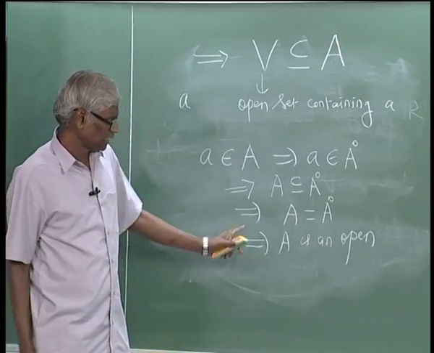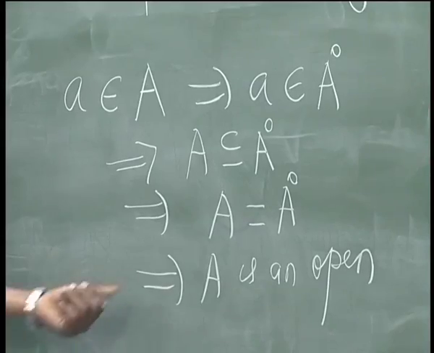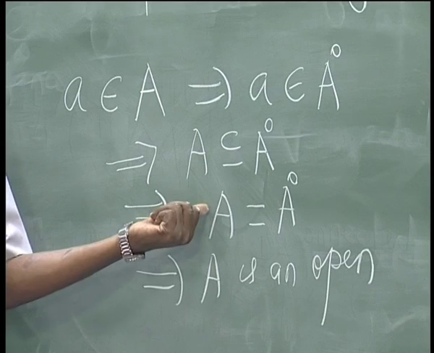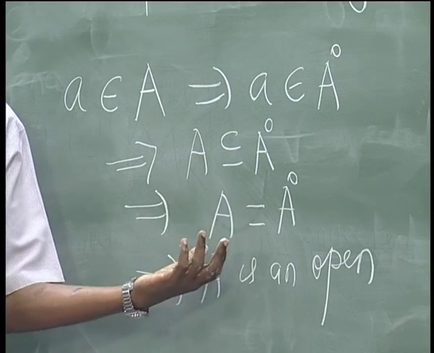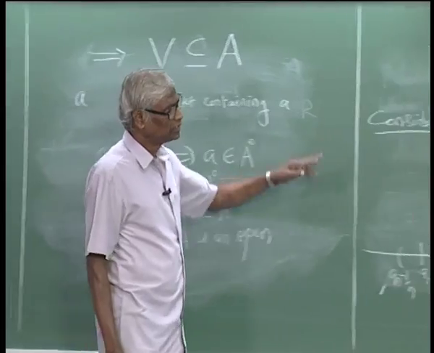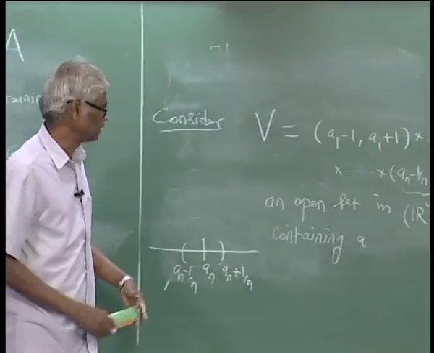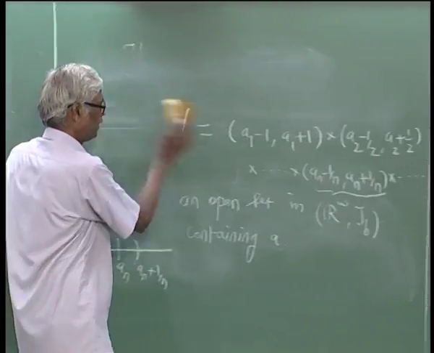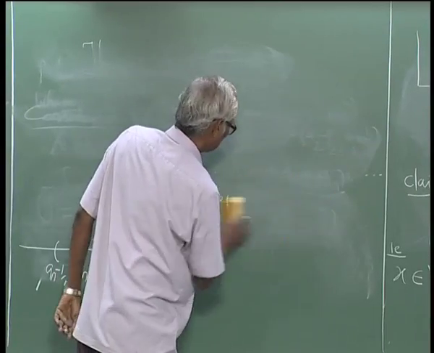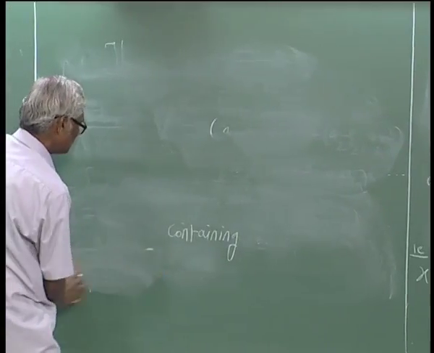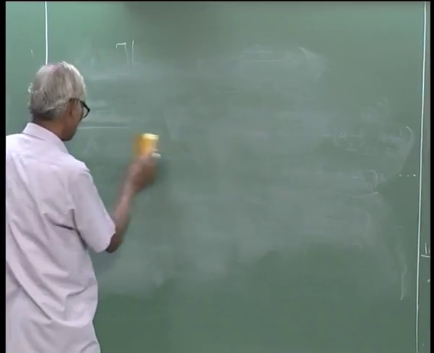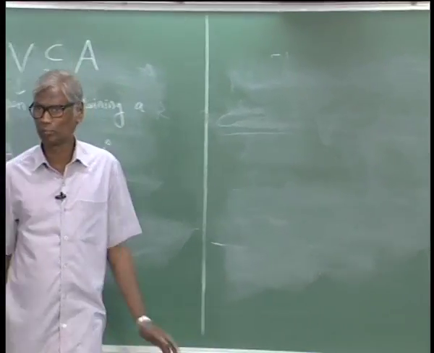So, in fact exactly the same way we can prove that not only A, even the complement. So, what is the complement of A? It is the set of all sequences which are not bounded.